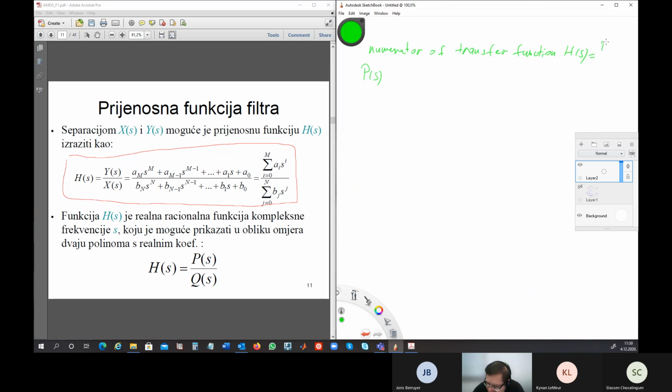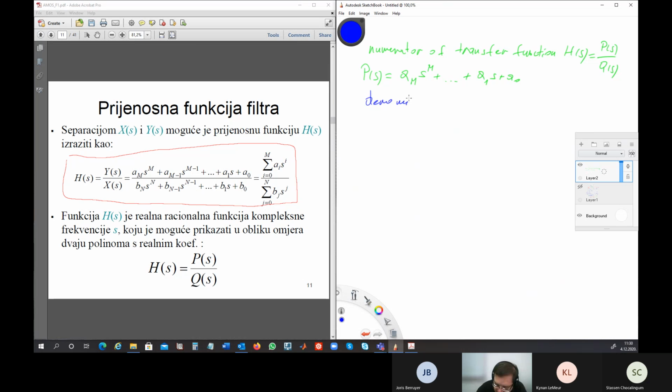H of s is P of s over Q of s. P of s is, for example, a_m s to the power of m plus ... plus a1 s plus a0. This is a polynomial.